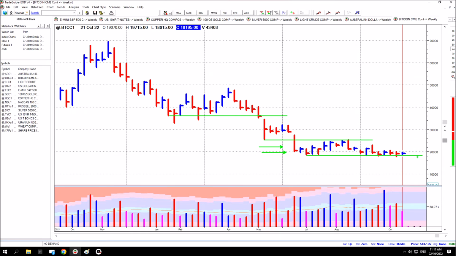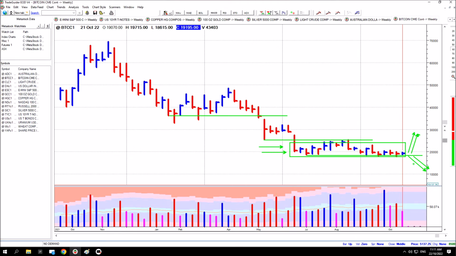I wouldn't be buying this until I see which way price breaks, because whichever way price breaks, the strength that's been generated within this zone will support the price movement, whichever way price moves. So if price moves higher and attempts to break out, this strength that's been built up in here will support the breakout.